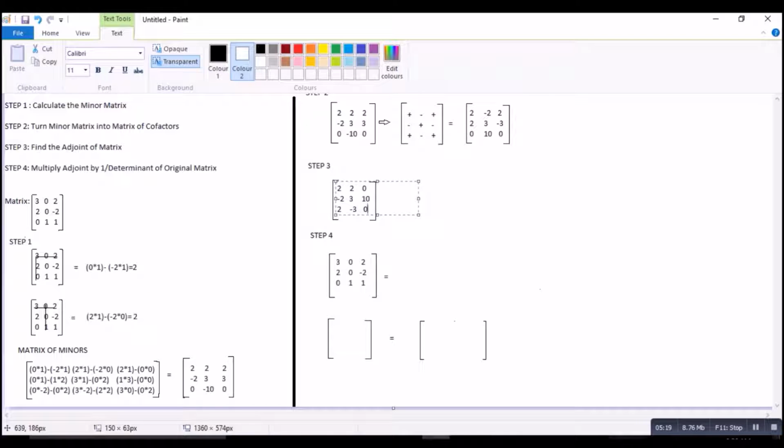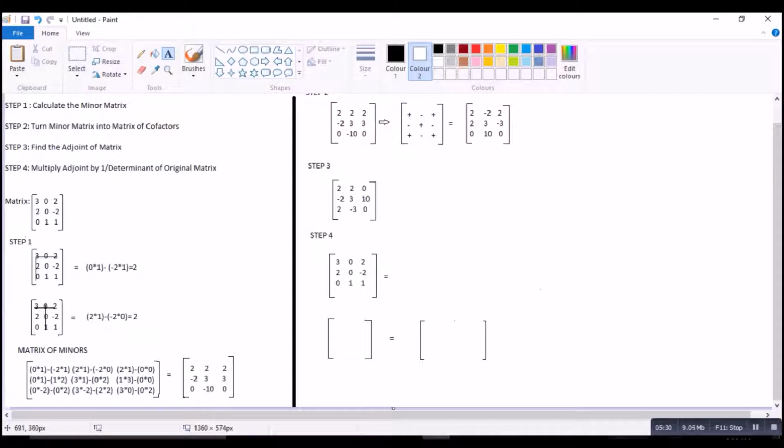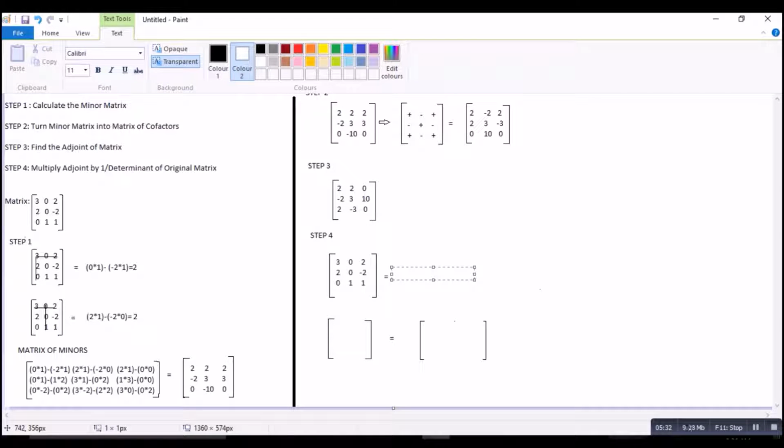Now the last step includes multiplication of the adjoint matrix times 1 over the determinant of the original matrix. So first we'll have to determine the determinant of the 3 by 3 matrix. By applying the method for the determinant of a 3 by 3 matrix, we get the equation 3 times 2 minus 0 times 2 plus 2 times 2.